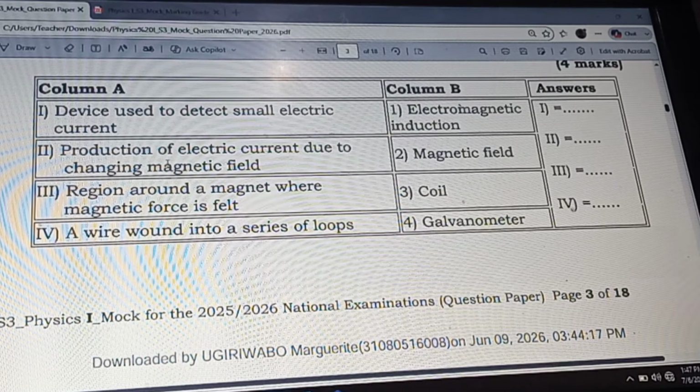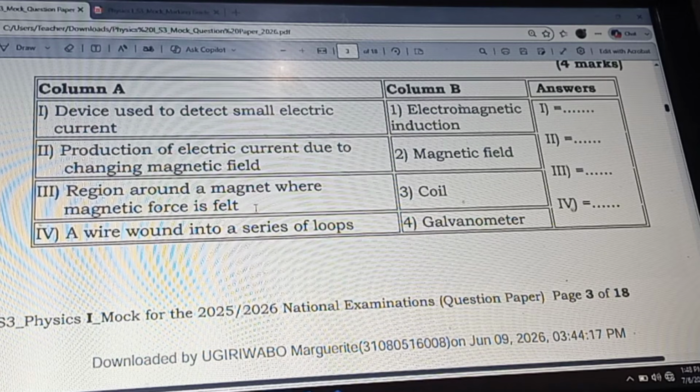II, production of electric current due to a changing magnetic field, matched to I, electromagnetic induction. Electromagnetic induction is the production of electric current due to a changing magnetic field. III, the region around a magnet where magnetic force is felt, is matched to magnetic field.